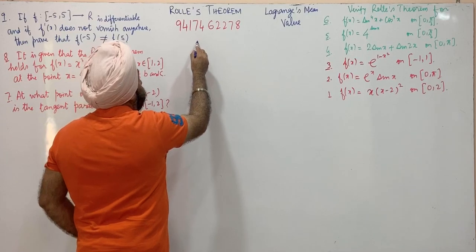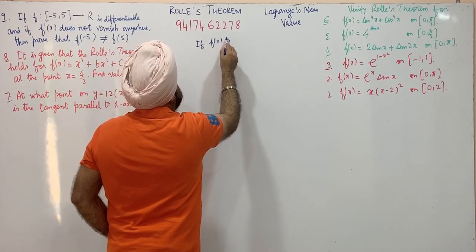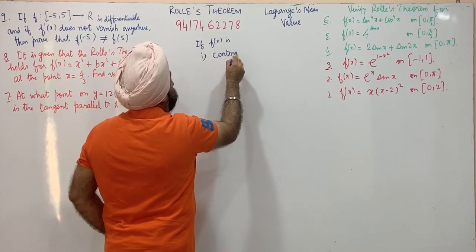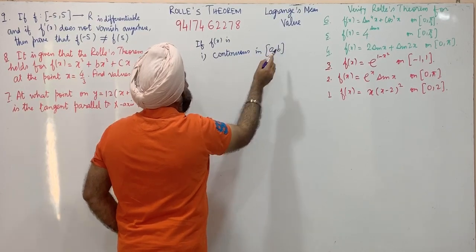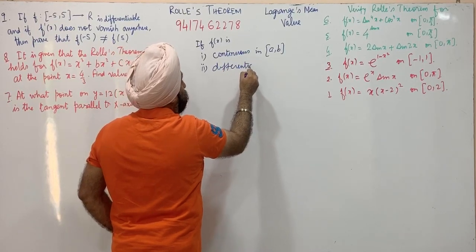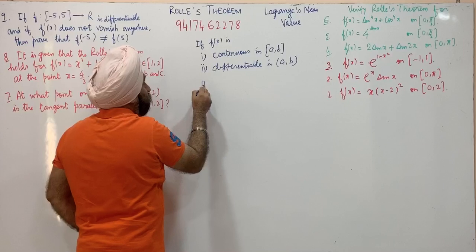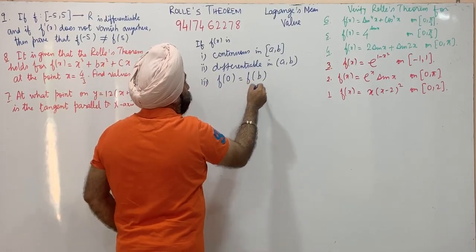So if f of x is a continuous function in some closed interval a to b, it's differentiable in open interval a to b, and third, f of a equals f of b.